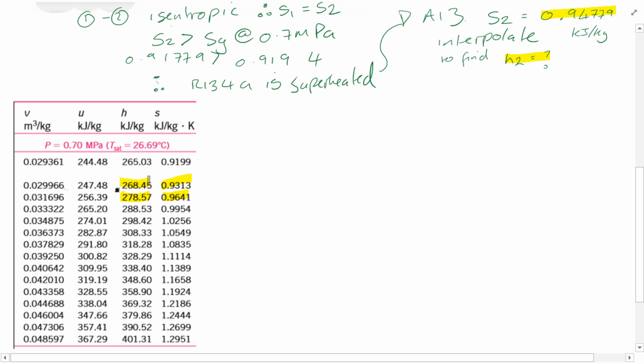These are our values. Okay, so that's our particular value, and the H2 that we're looking for is here.